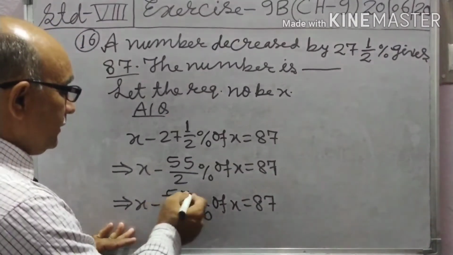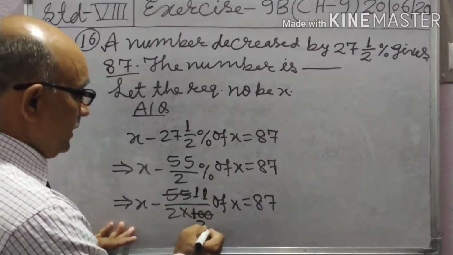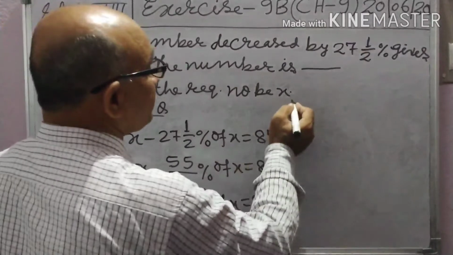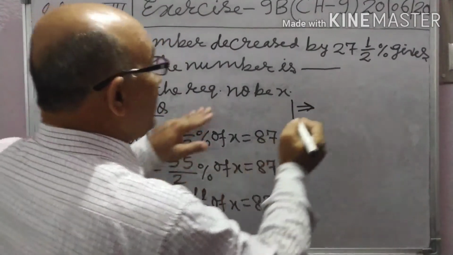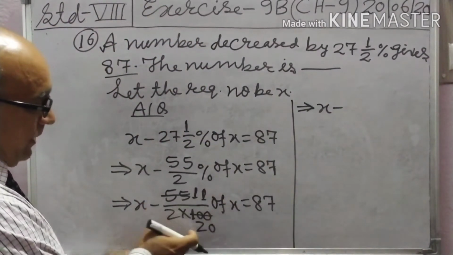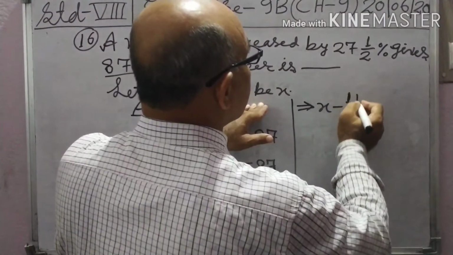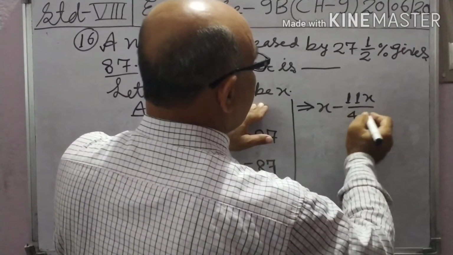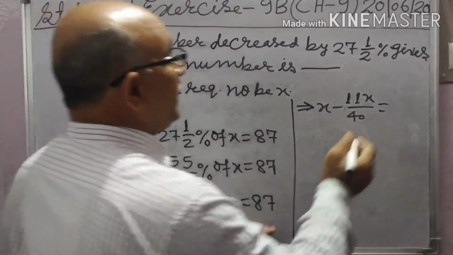Now cancel it. 11 5s, and 25 4s. That implies x minus 11x by 22 4s are 40. So 11x by 40, 11x by 40 equal to 87.